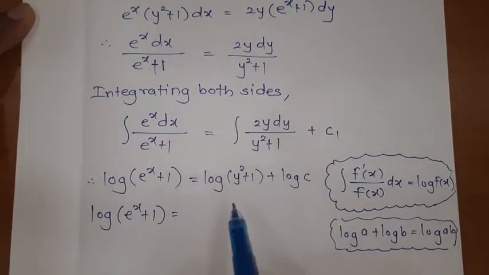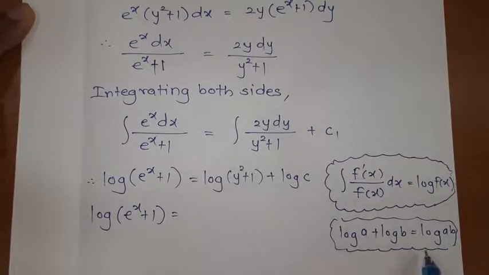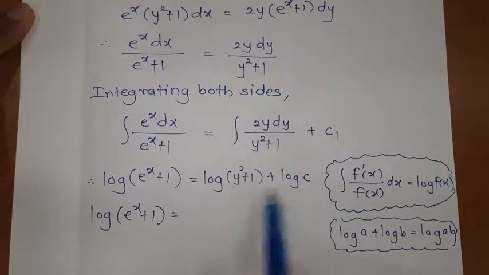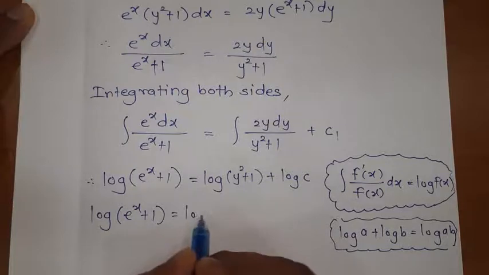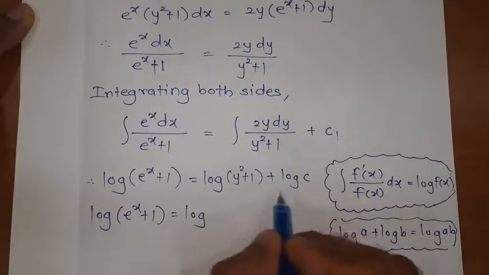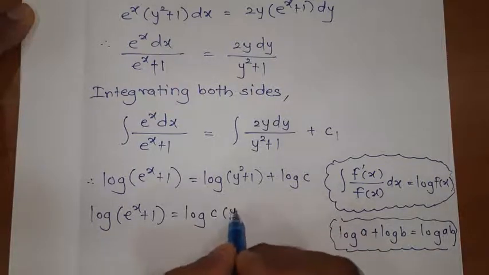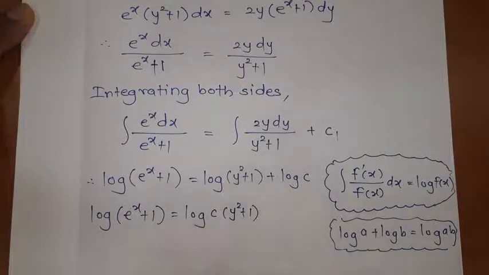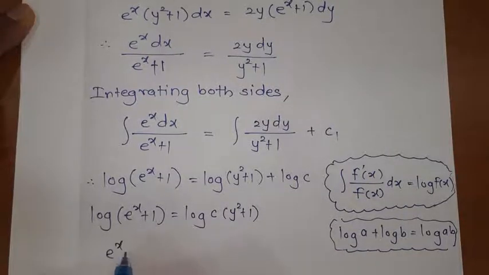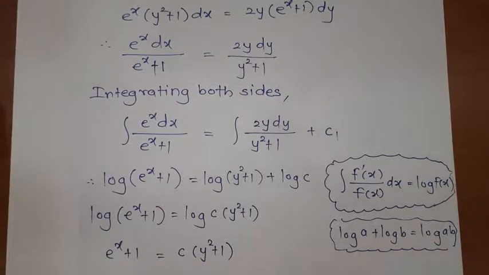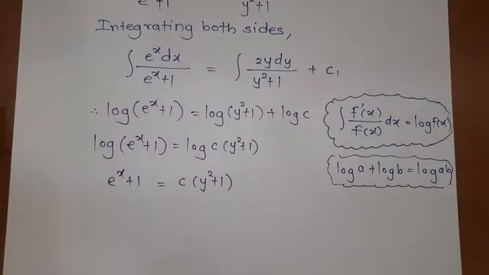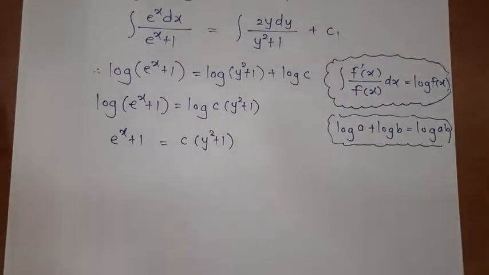Okay, when you write right hand side, I will apply this property of log. Will you tell me what can I write? Log. See, I will take product of these two. C y square plus 1. So see, in next step what will happen? Log will get cancelled on both sides. So e raised to x plus 1 is equal to c into y square plus 1. So this is the required answer of the given differential equation.